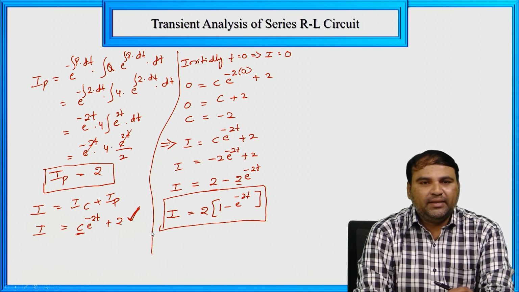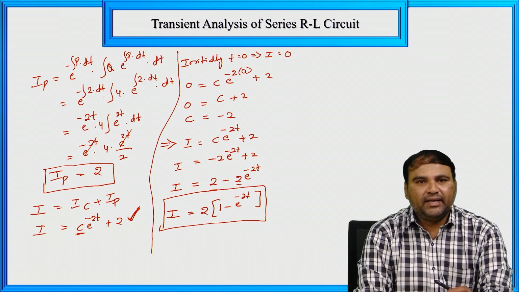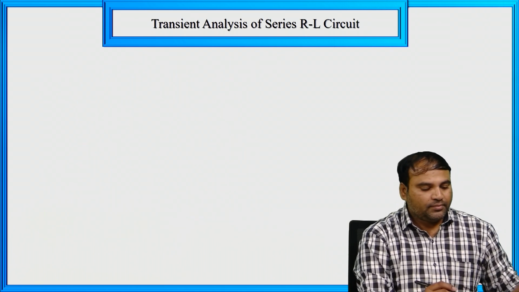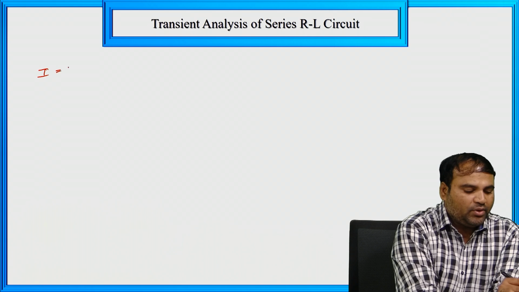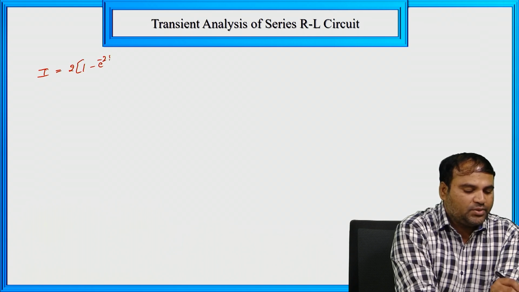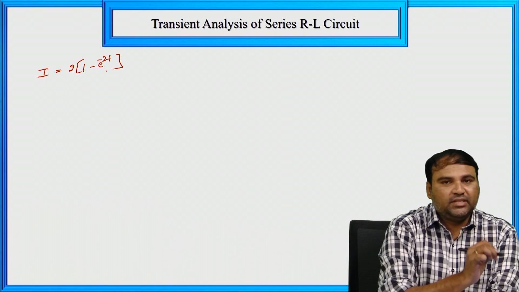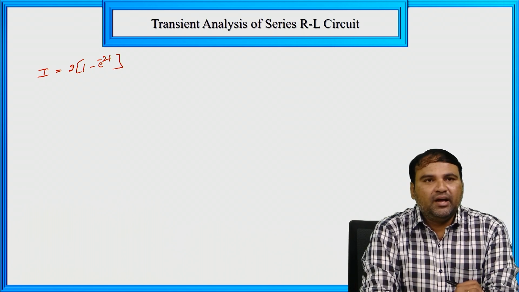Now similarly, we need to calculate the voltage drop across the resistor and voltage drop across the inductor. So here we are having the total current I equal to 2 into 1 minus e to the power of minus 2t. So this is the total current response of the given RL circuit.